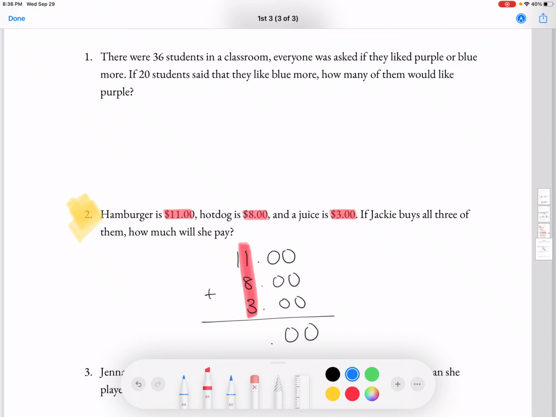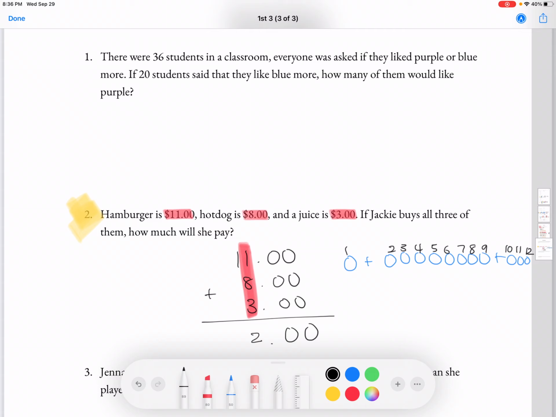In the ones place, we have 1 plus 8 plus 3, which is 12.